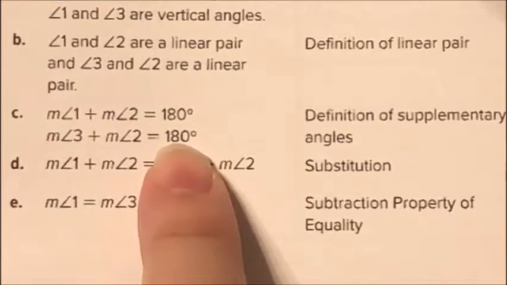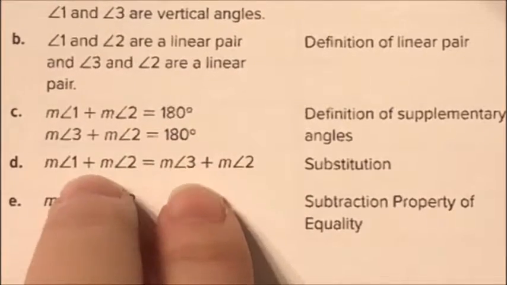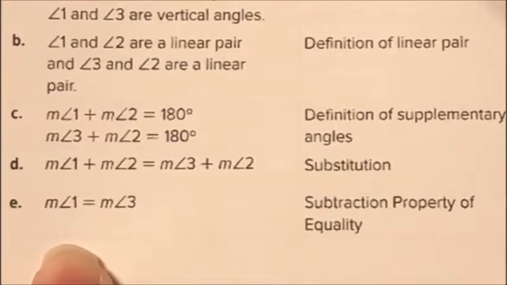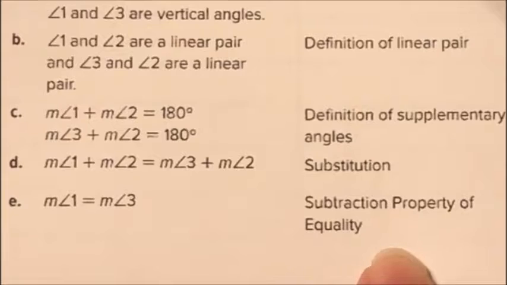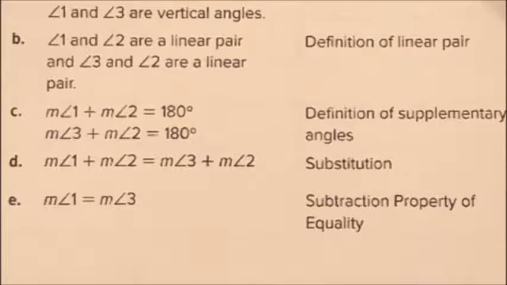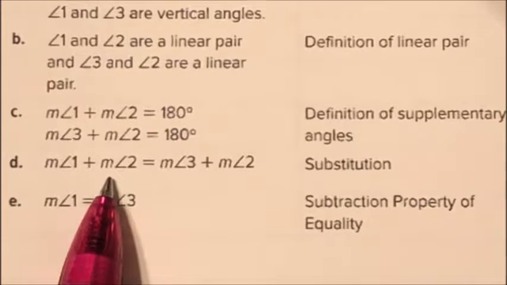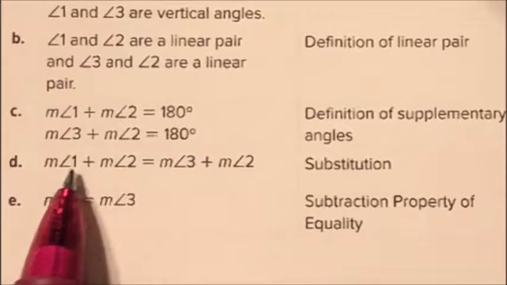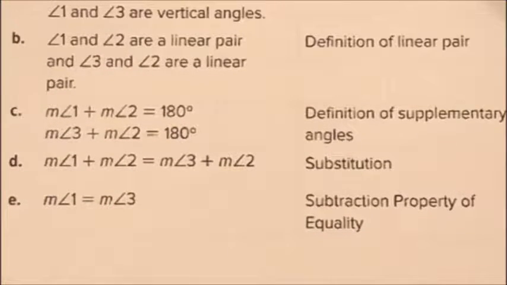They both equal 180 degrees, so I can substitute them and set them equal to each other. So measure 1 equals measure 3 by the subtraction property of equality. I subtracted the measure of 2 from both sides. When I do that, it cancels out. So measure 1 has to be measure of angle 3.